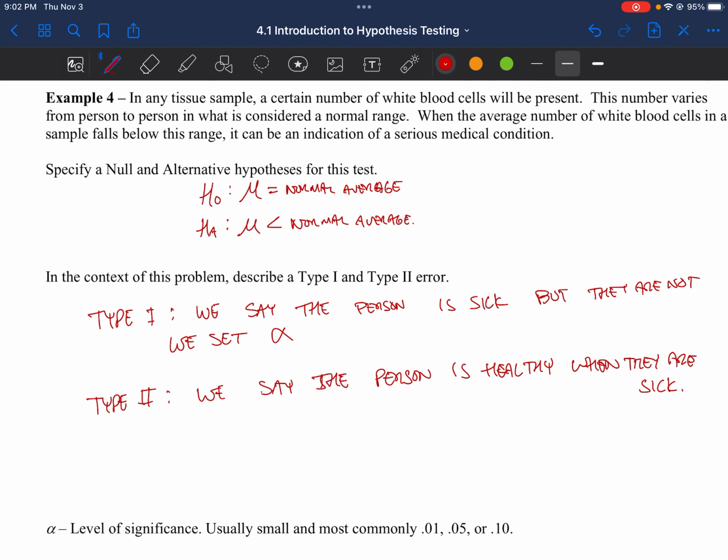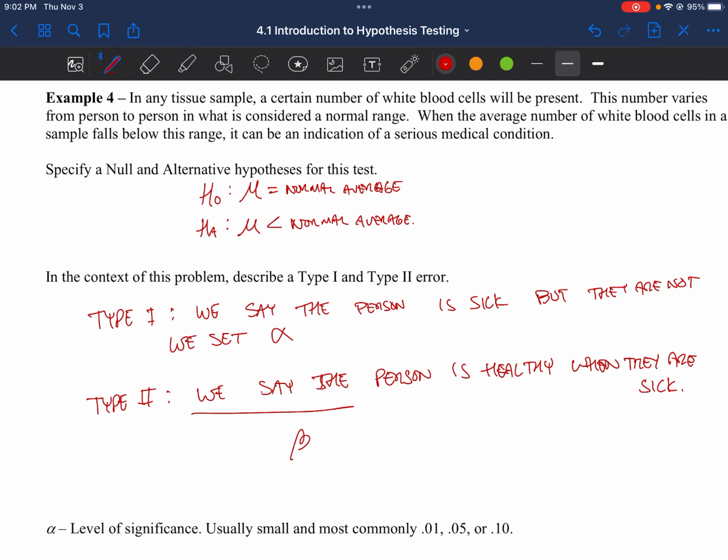Because we would say the person's sick, but they're not. When that happens, we wouldn't mind that being a little bit bigger so that this wouldn't happen. If we say the person's healthy when they are sick, that's bad. And so we would want this probability, beta, to be smaller than alpha.